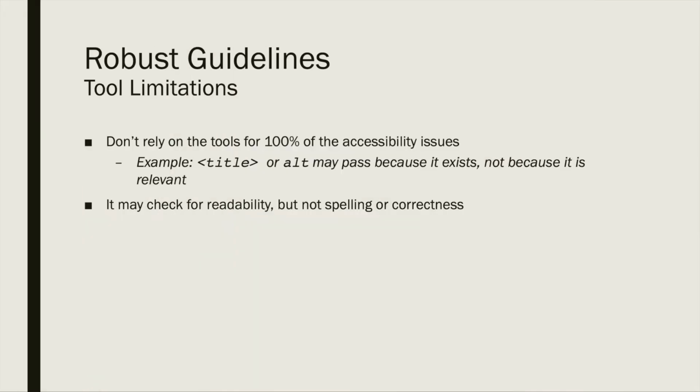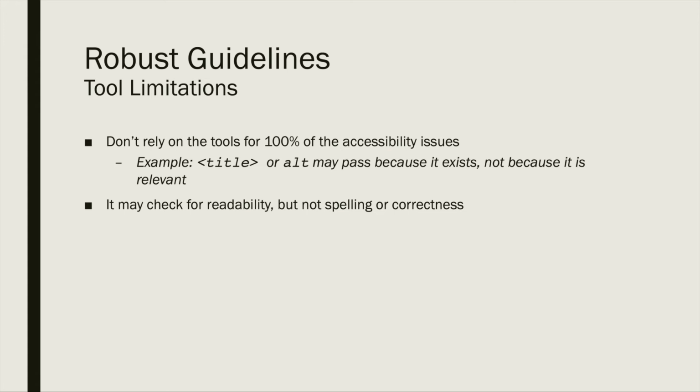However, there are some limitations when it comes to the tools. Don't rely on the tools for 100% of the accessibility issues. To give you a good example, the title tag or the alt attribute may pass the tool test because it exists, but not because it is relevant. Yes, computers are smart, but they're not this smart. And existence does not mean accessible.